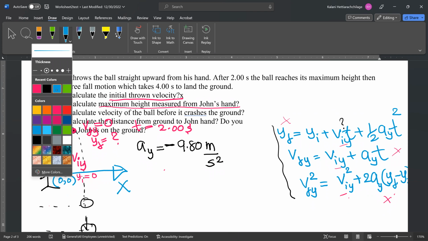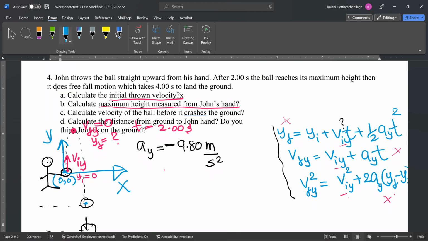I don't know where the ground is yet, but I'm going to decide the final position. What I need to find is v final at this place, and that's part C. Going forward, we may need to find the distance also, but v final, right?